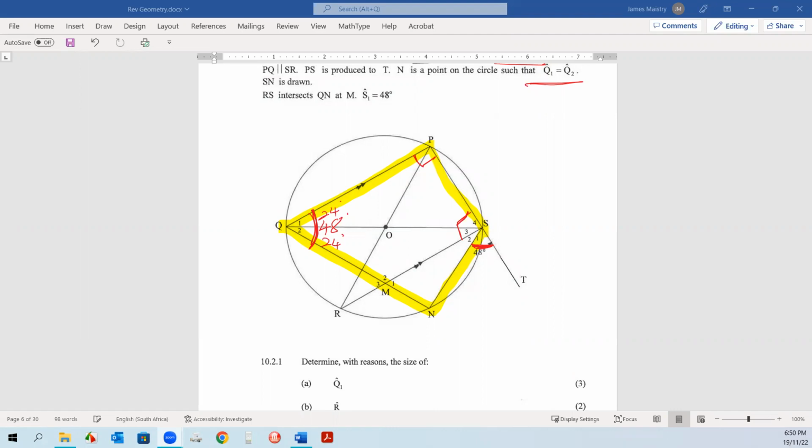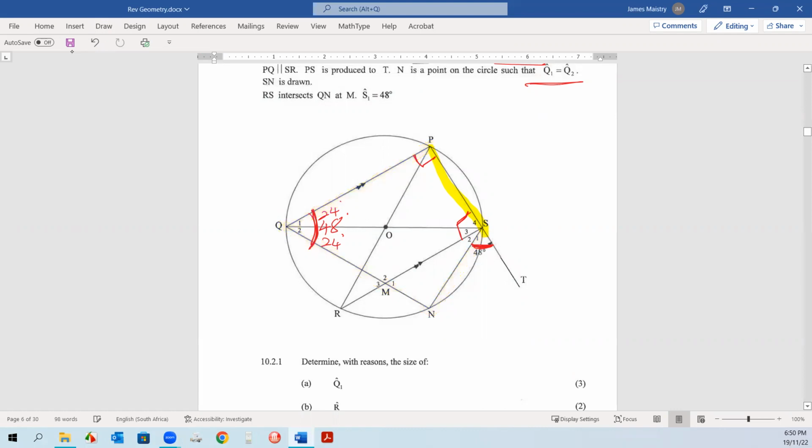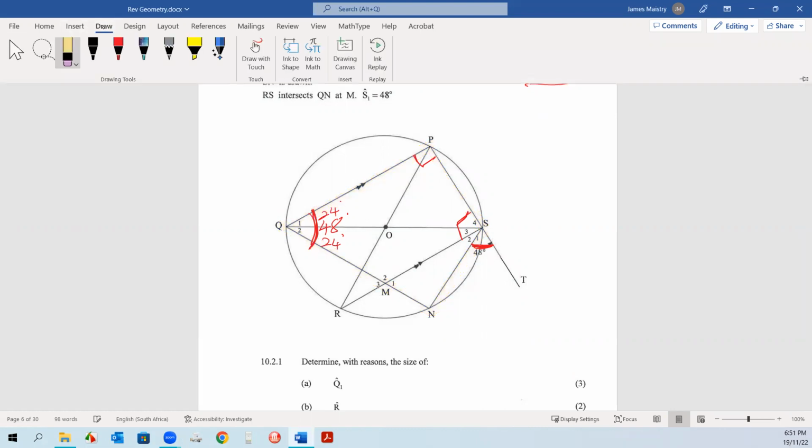All right, does anyone have an answer for angle R? 24. So Q1 is equal to R, angles in the same segment. Okay, I got some answers. Sorry, I didn't hear you properly.